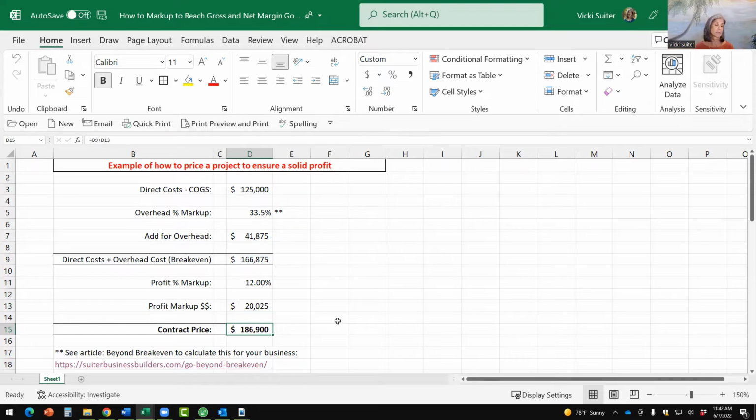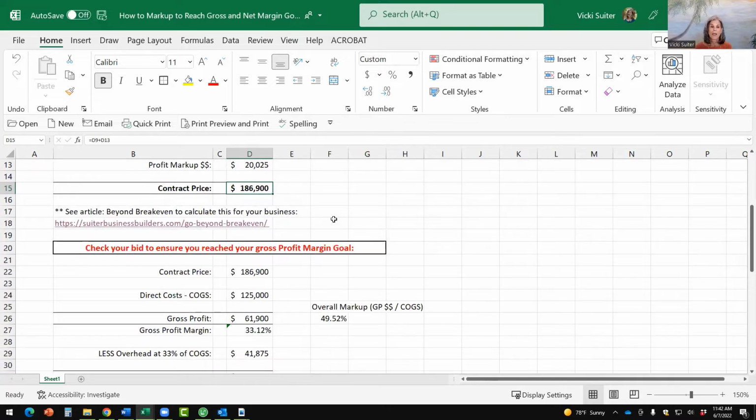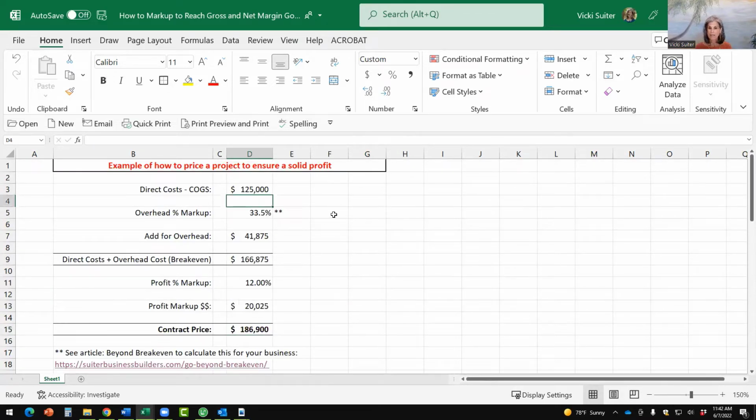So my contract price at that point is $186,900.